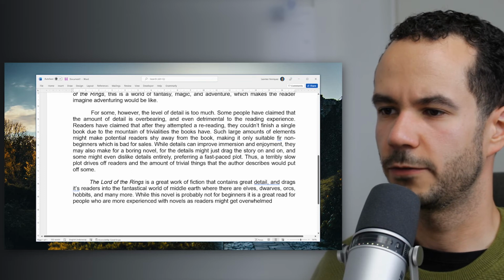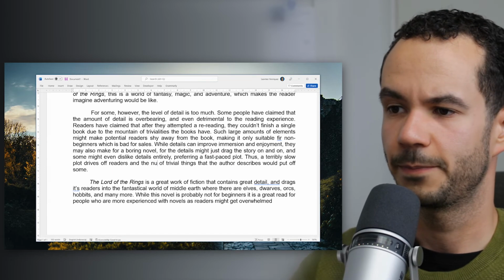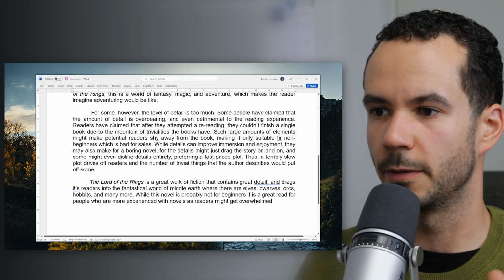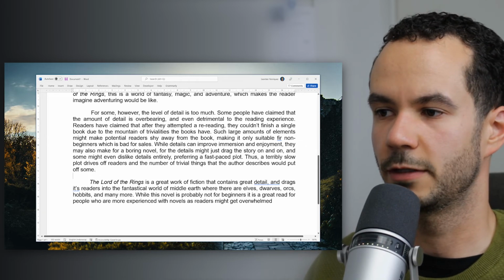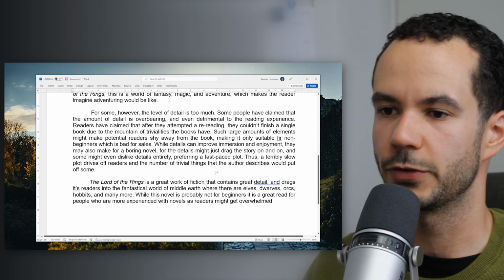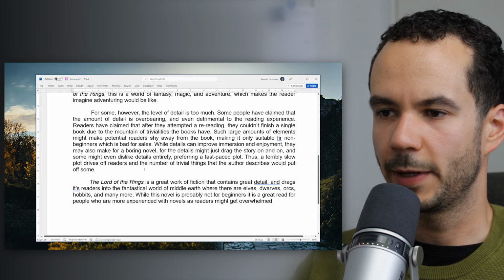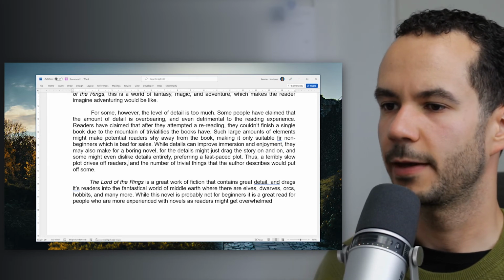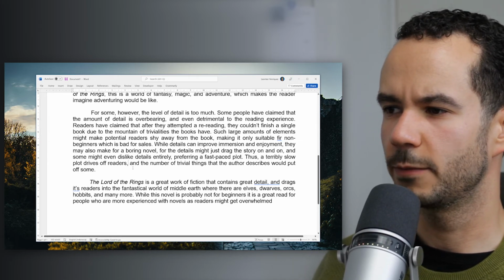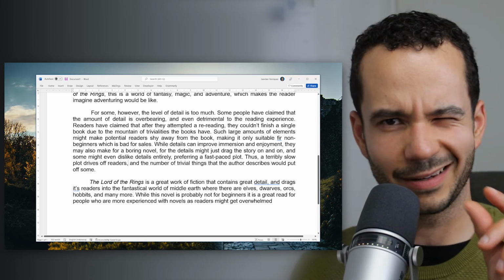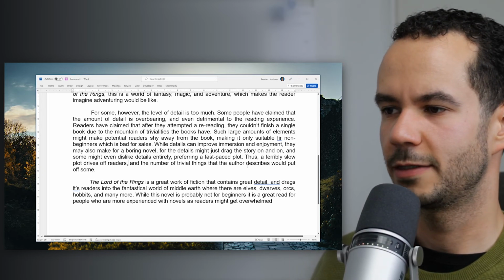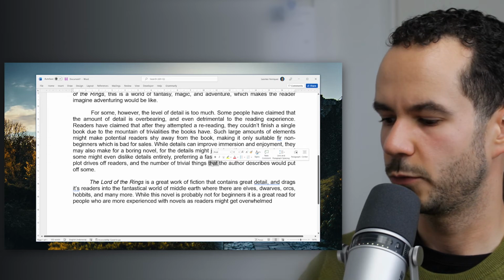And the amount of trivial things must be number, because things is countable, and because things is countable, we use number. And the number of trivial things that the author describes would put some off. So I need to add a comma here, because we have two different sentences. And what I'm going to do is make this slightly less wordy by saying that the number of trivial things the author describes, I can remove that.